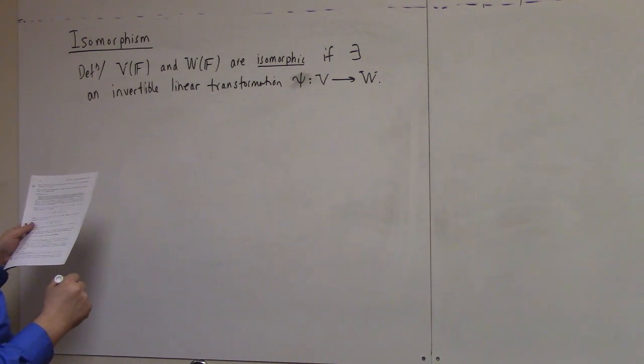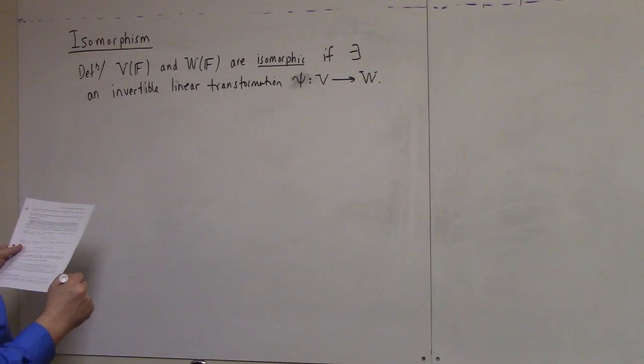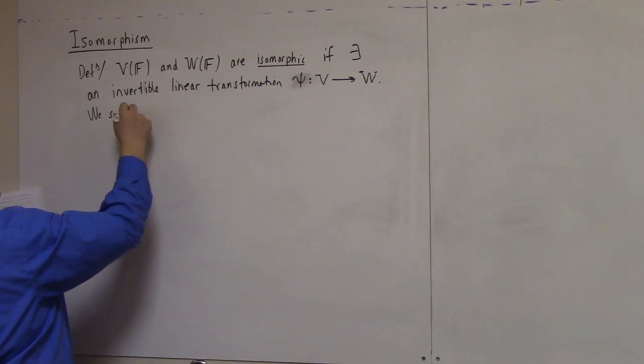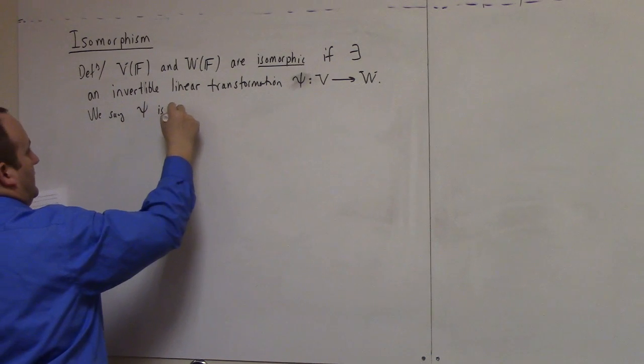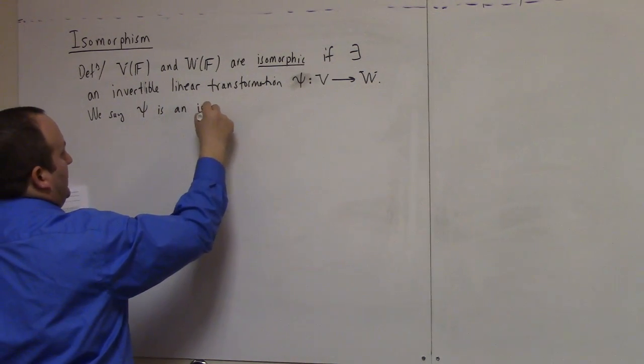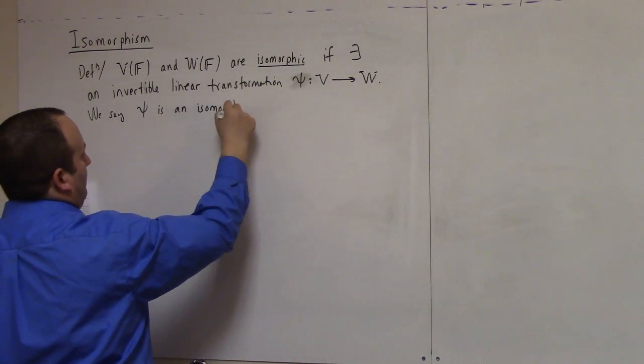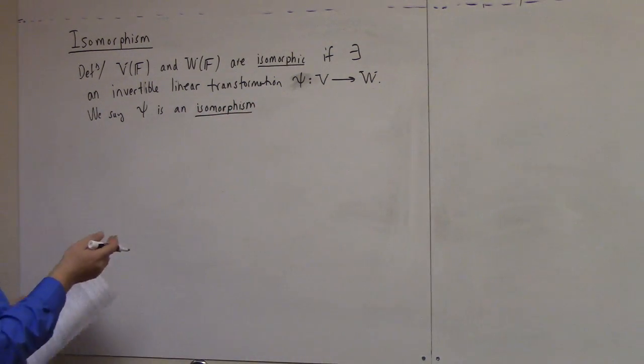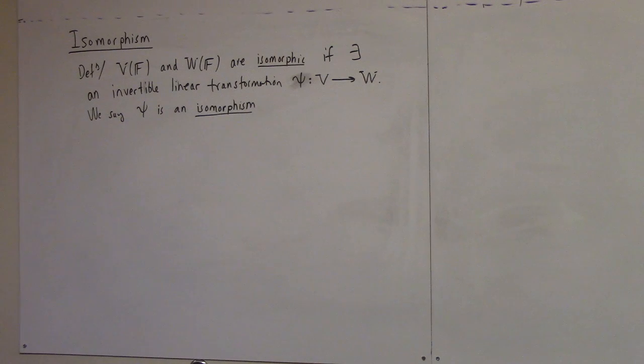And in this case, we say psi is an isomorphism. What is an isomorphism? More categorically speaking, an isomorphism is a bijection which preserves structure.